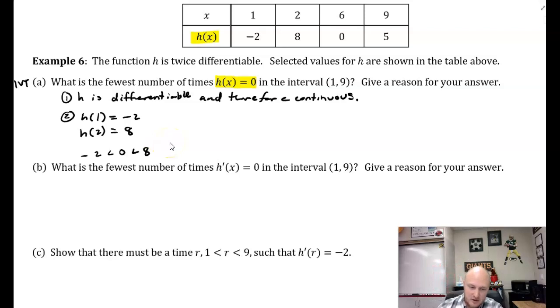Okay, so we can say h of x is equal to 0 at least 2 times.